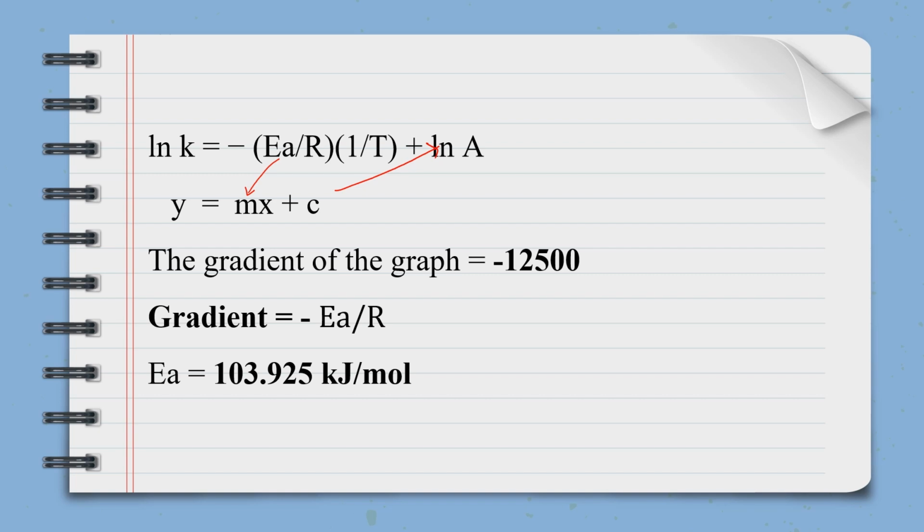For this part, a mark is given to the gradient of the graph, and to how we relate the gradient of the graph with the slope, which is gradient equals negative Ea over R. Then we work out Ea and get 103.925 kilojoule per mole, another 1 mark. So for this part we have 3 marks.